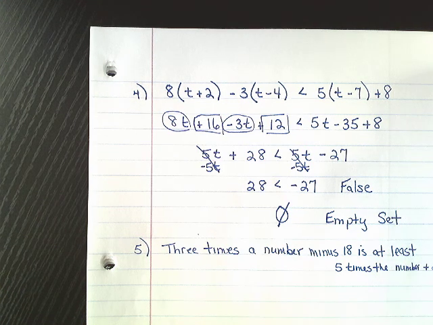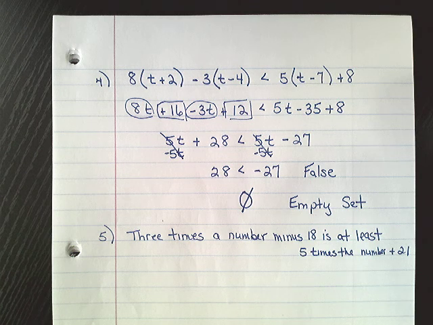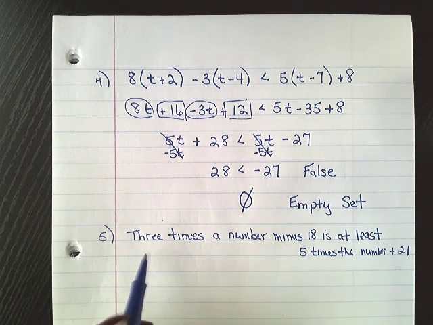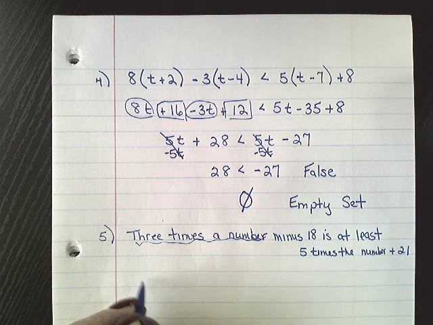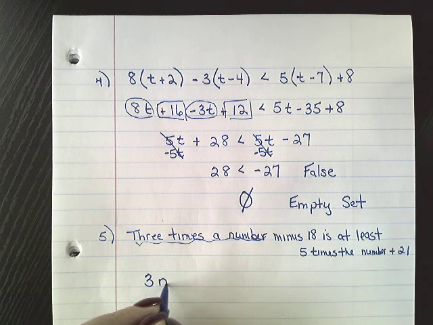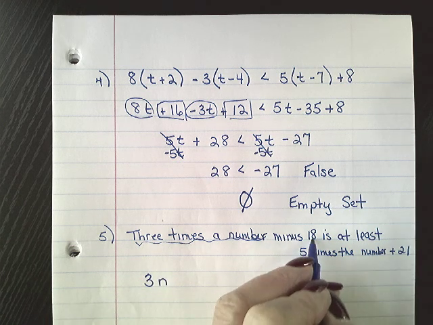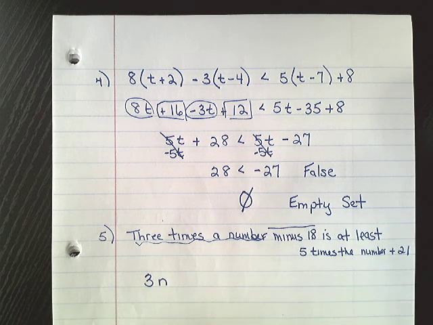Sorry, it didn't all fit in one line. Okay, so let's break this down. We have 3 times a number. That number, just use any variable that you want. I personally am going to use n. So 3 times a number, minus 18.